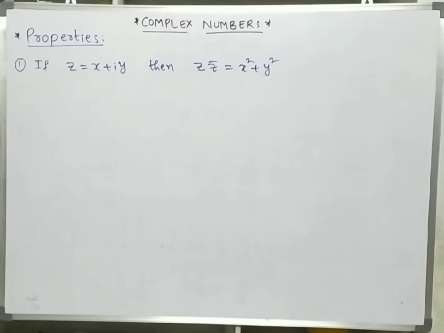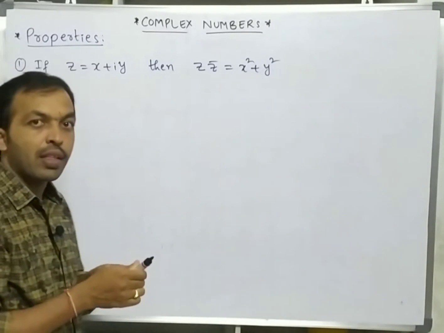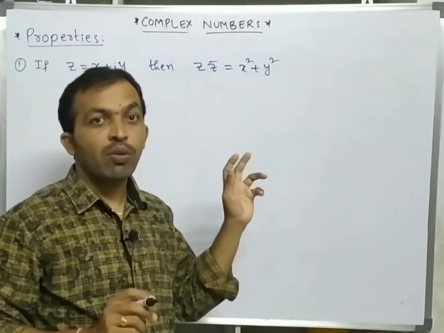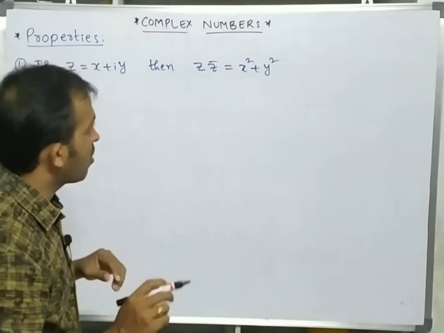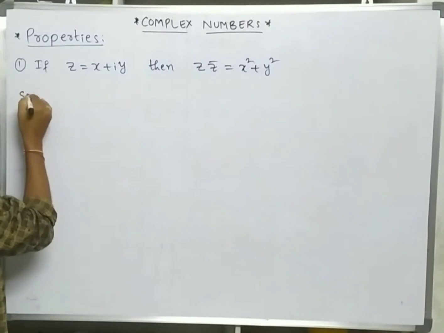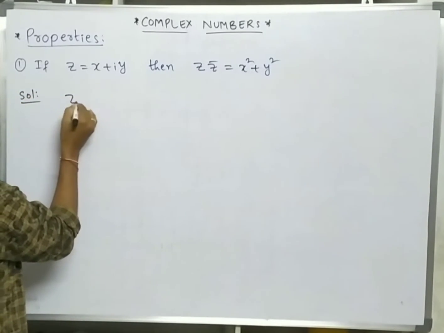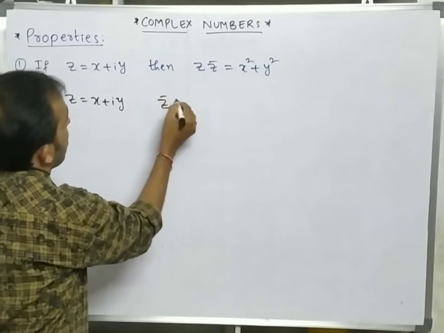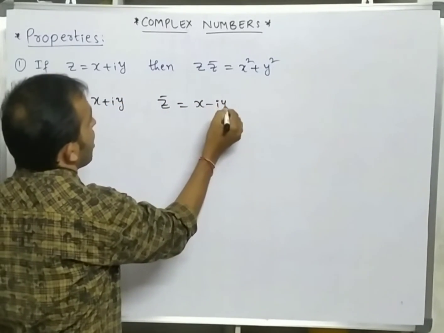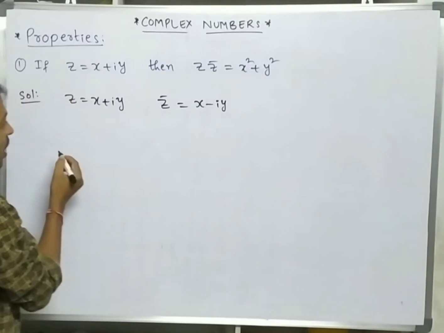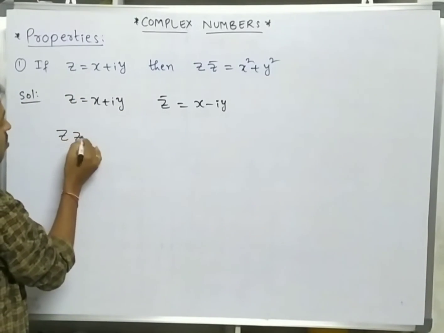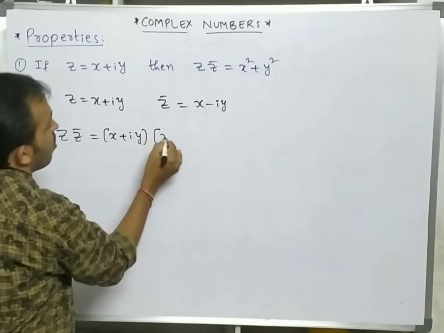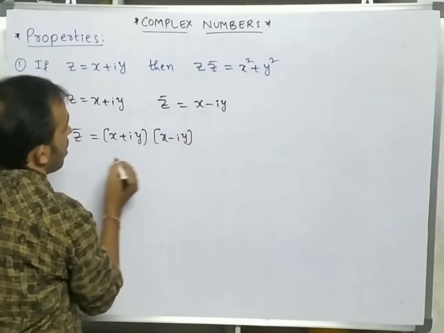Now some of its properties. First one, z is equal to x plus iy, then z into z bar is equal to x square plus y square. Simple, if z is equal to x plus iy is a complex number, then z bar is equal to x minus iy, just replace i with minus i. Now multiply these two, x plus iy into x minus iy.